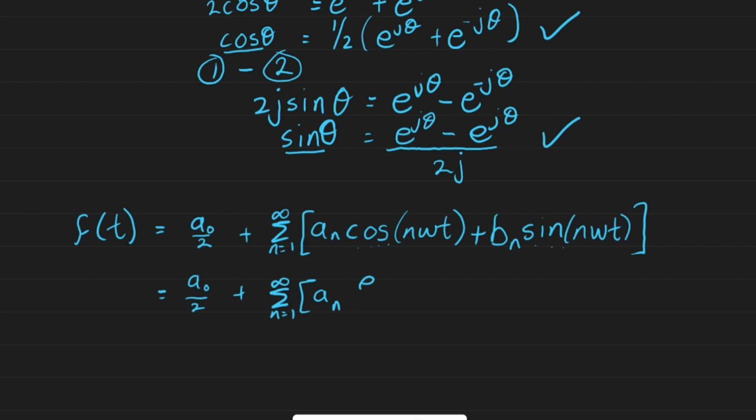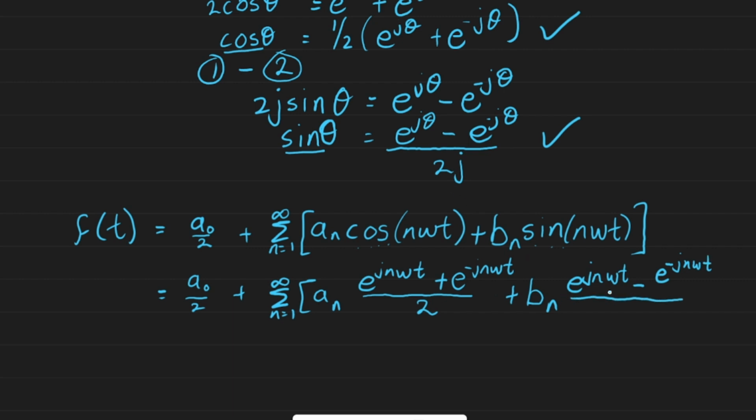So we have e to the power j theta, so it'll be e to the power j n omega t plus e to the power minus j n omega t, divided by 2, then plus bn, multiplied by what sine is equal to: e to the power j n omega t minus e to the power minus j n omega t, divided by 2j.